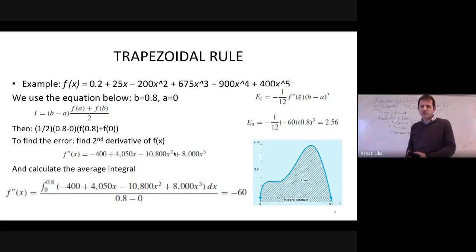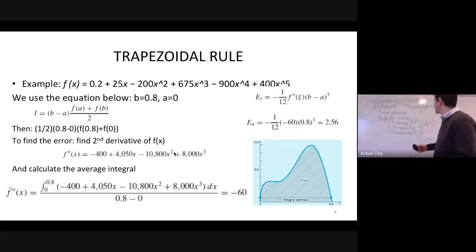I think we have shown this function also on the slide. That's where we see it. It goes something like this. So this is the 0.8 and this is the 0.